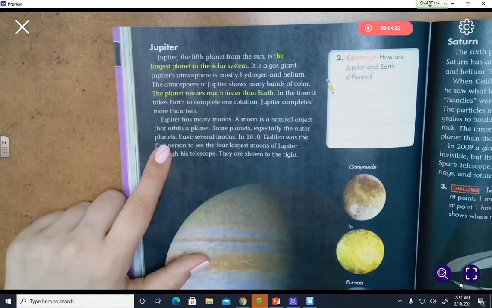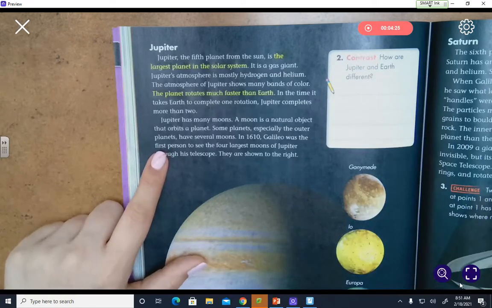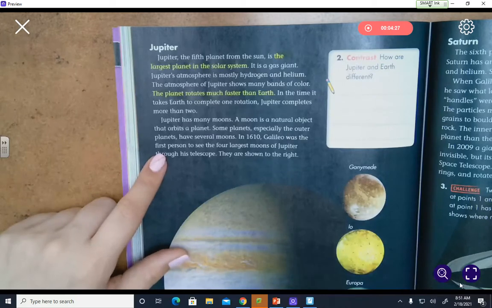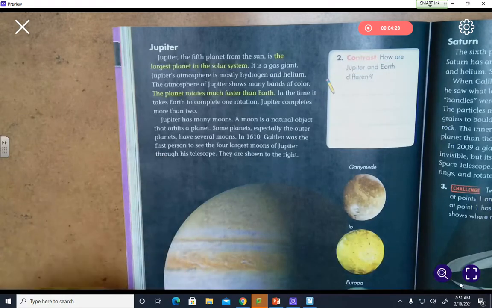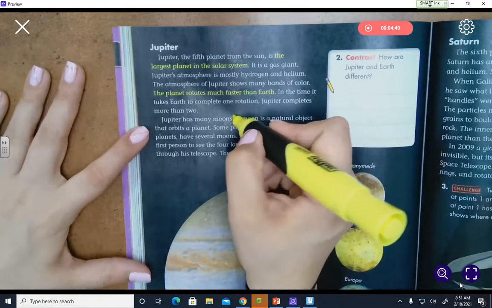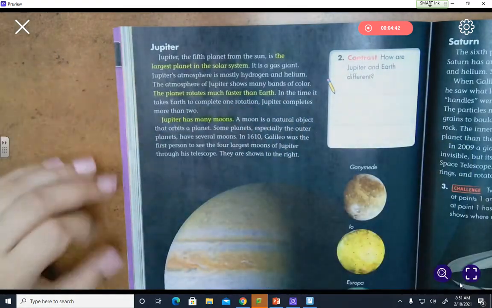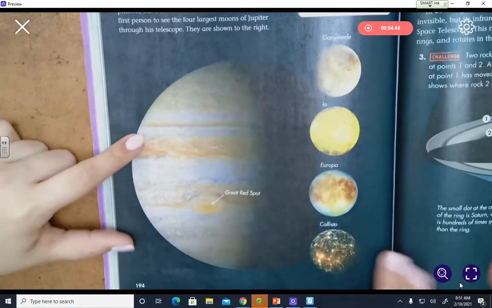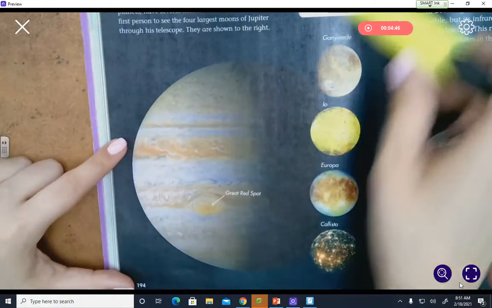In 1610, Galileo was the first person to see the four largest moons of Jupiter through his telescope. They are shown to the right. I want you to highlight that Jupiter has many moons. Here is Jupiter, and here are its four largest moons.